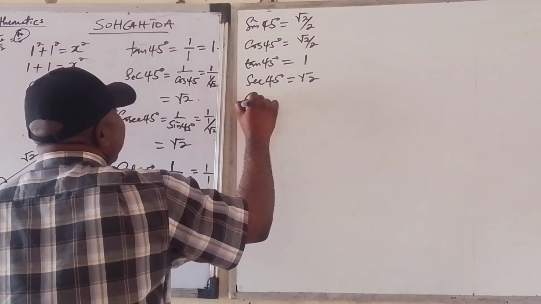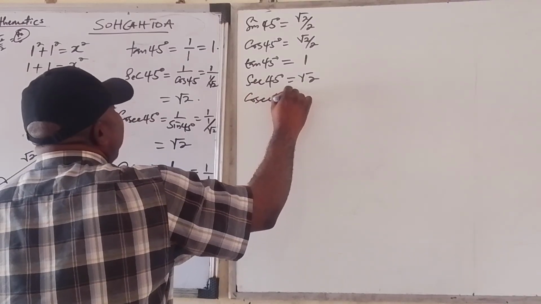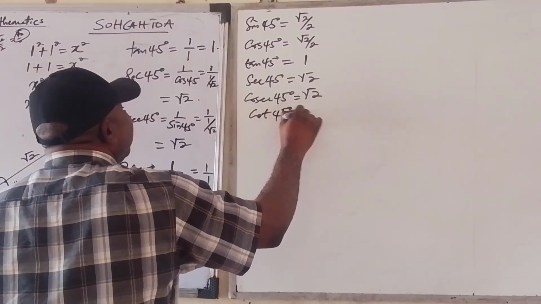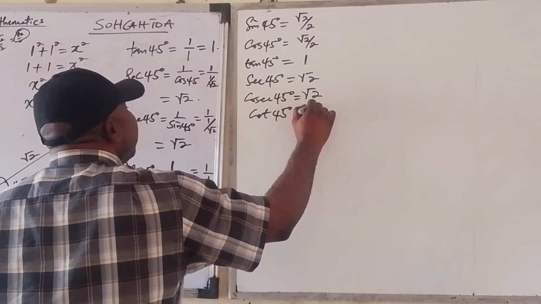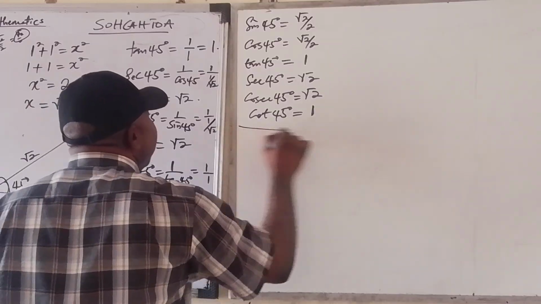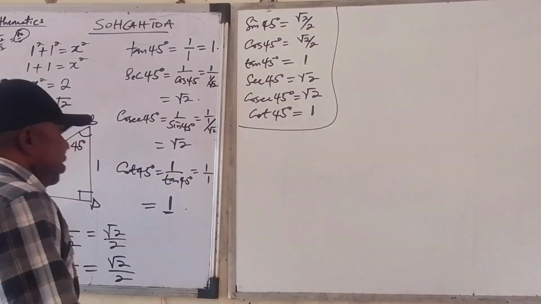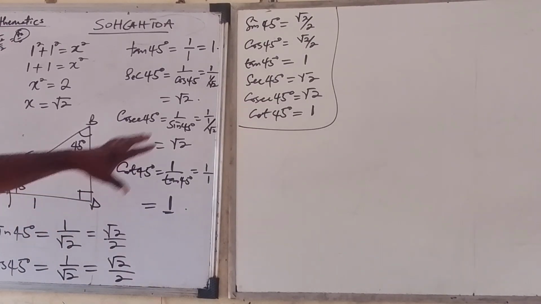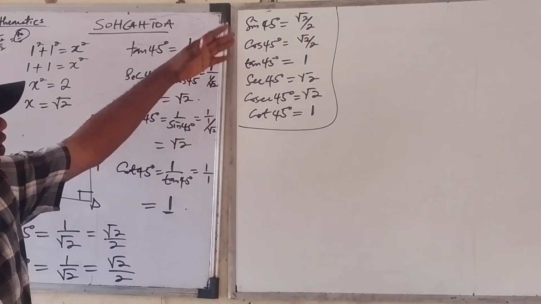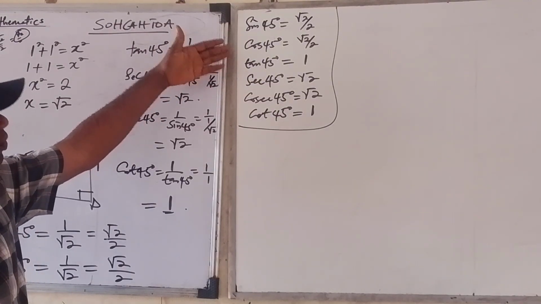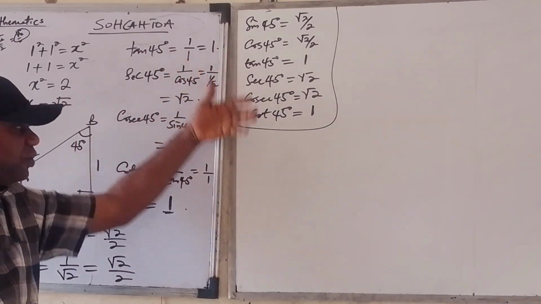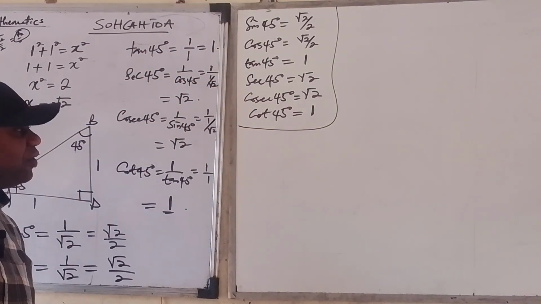Cosec 45 degrees is root 2, and cot 45 degrees is equal to 1, which is the same thing as 1 all over tan 45 degrees. So these are for all the angles involving 45 degrees: sine 45, cos 45, tan 45, sec 45, cosec 45, and cot 45 degrees.